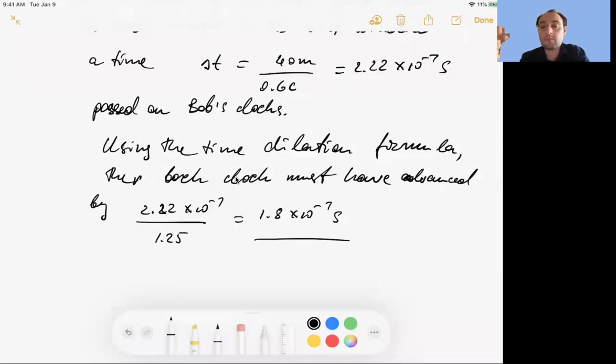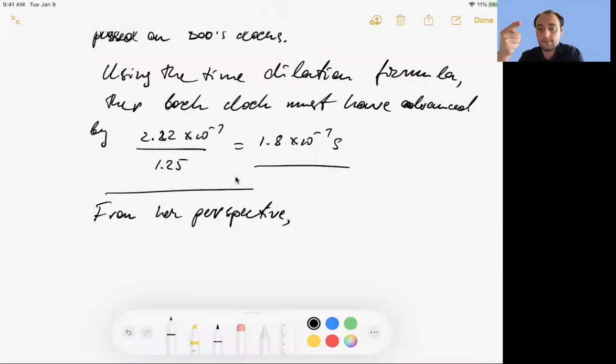Let's check that by looking at how things look from her perspective. After the back windows align, Bob continues to move backwards. According to her, he's moving in the other direction until his other window is aligned with her back window. So she's sitting at her back window. First, she sees his back window aligned with her, then she sees his middle window aligned.